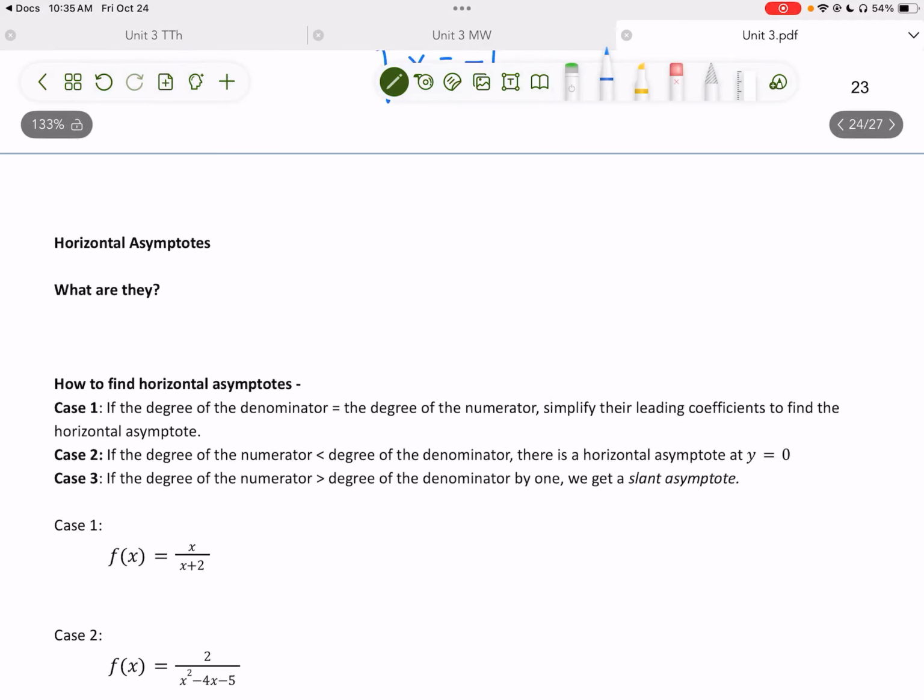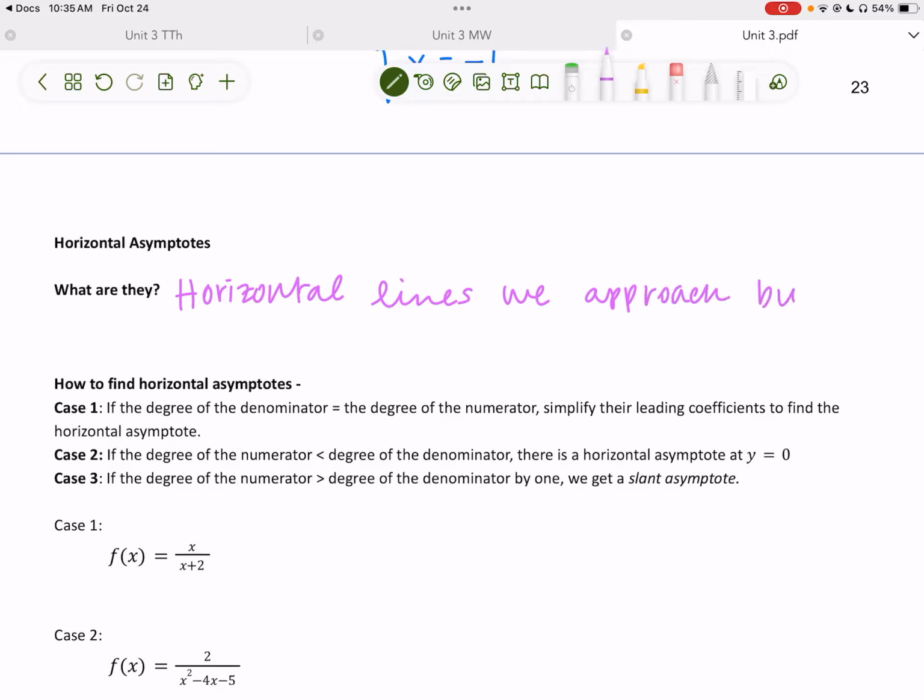Horizontal asymptotes are very similar. They're just horizontal lines that we approach, but do not touch most of the time. And I'll go ahead and write most of the time here.